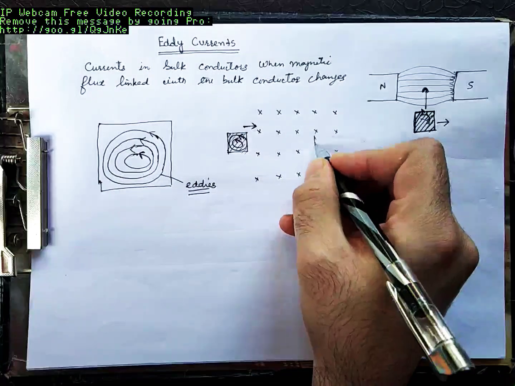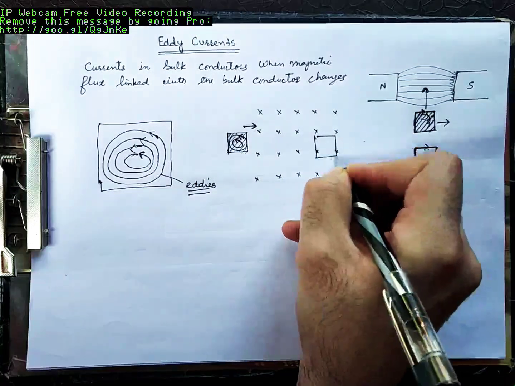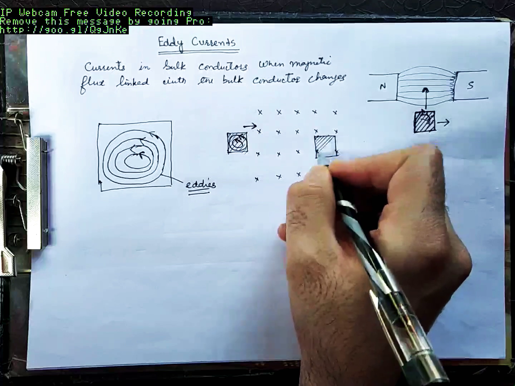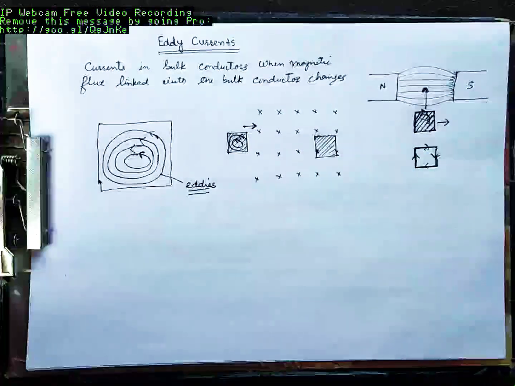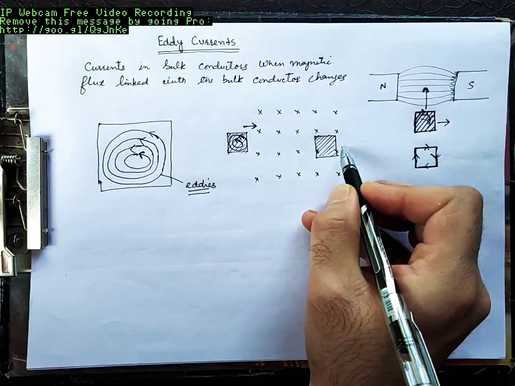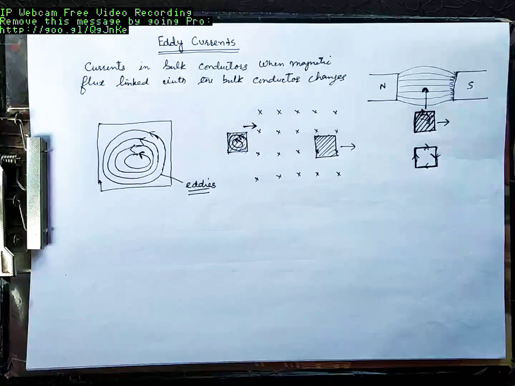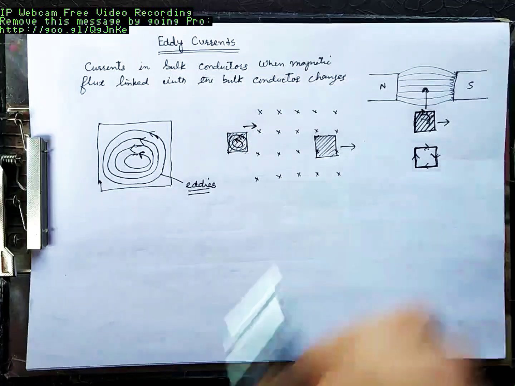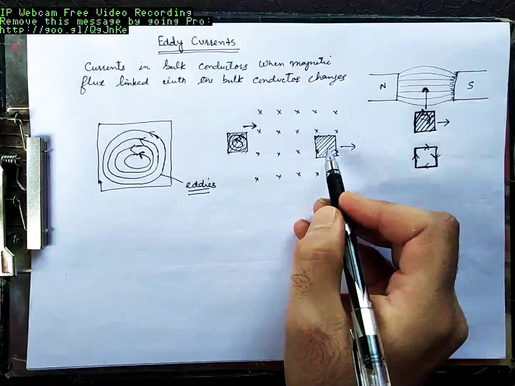Similarly, now when this plain sheet of conductor is here, and you are pushing this conductor out of the magnetic field, flux through this will decrease.